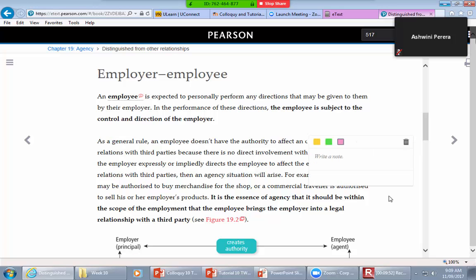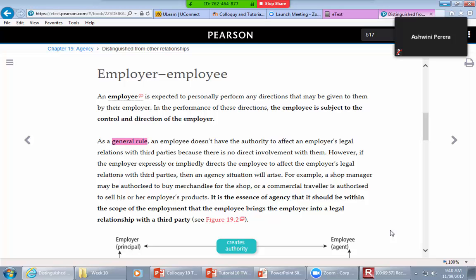So it says, this is the legal rule. As a general rule, an employee does not have the authority to affect an employer's legal relationships with third parties. So the general rule is that as an employee, you are not an agent. You will not be able to affect the relationship between the principal and third parties. Okay? Because there's no direct involvement with them.